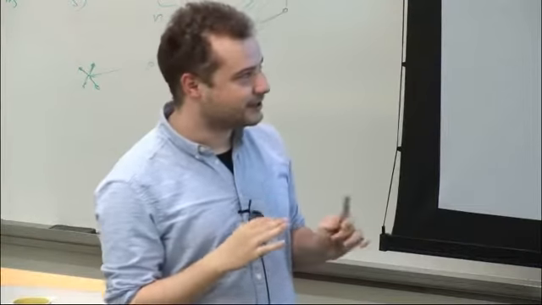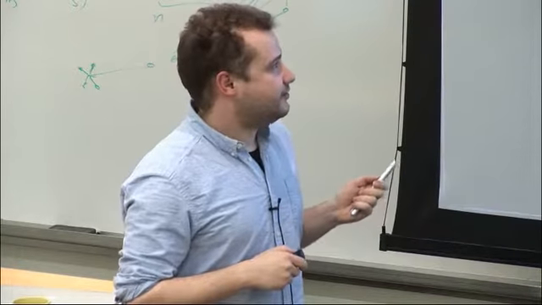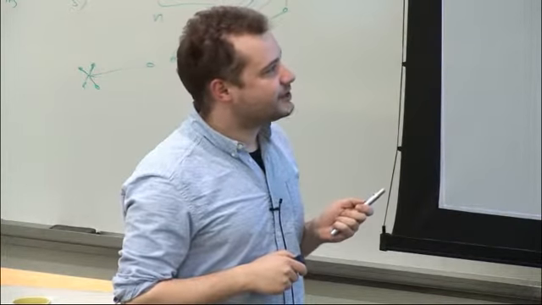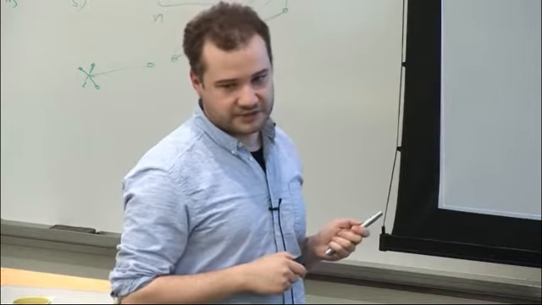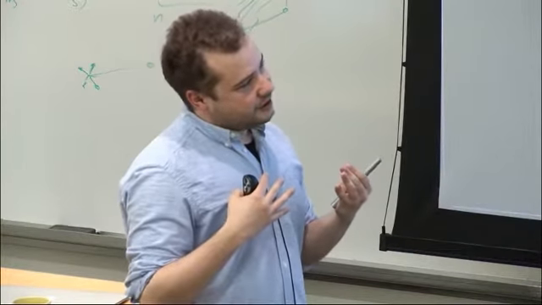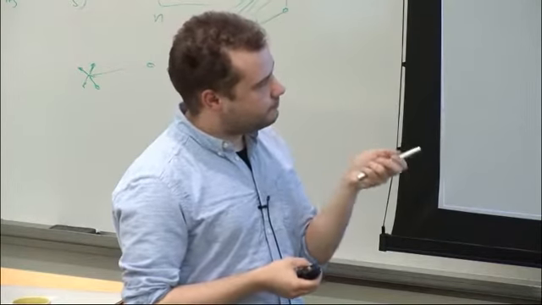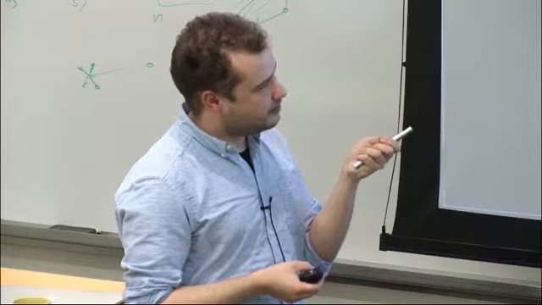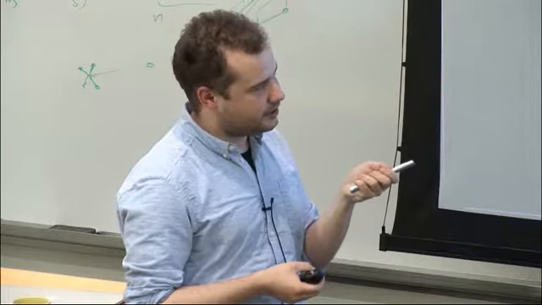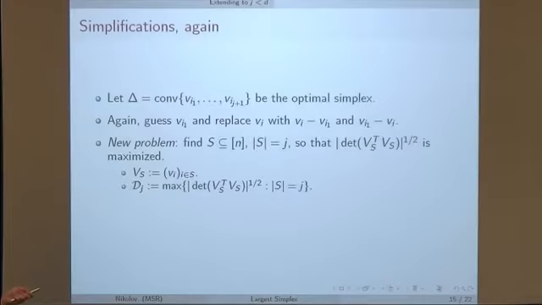Okay, so switching context, we're back to the beginning. We can do basically the same transformations as before. If we can guess the first vertex of an optimal j-dimensional simplex, again subtract vi1, the guessed vertex, from every input point, and also take the symmetric point around the origin.